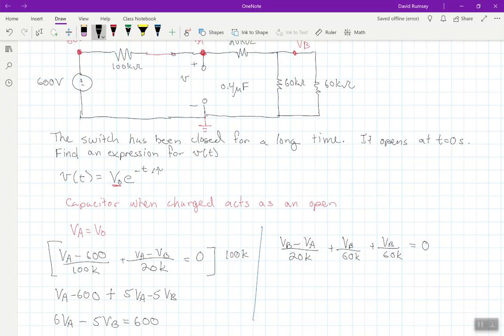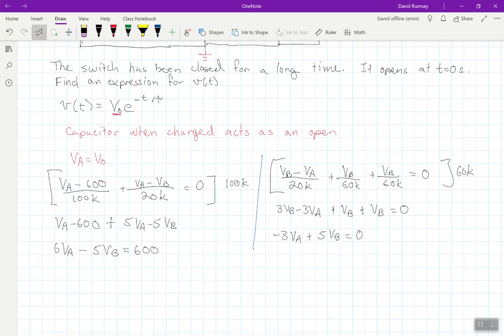Multiplying through by 60K, this would be 3 VB minus 3 VA plus VB equal to 0. And so we'd wind up with minus 3 VA plus 5 VB equals 0.